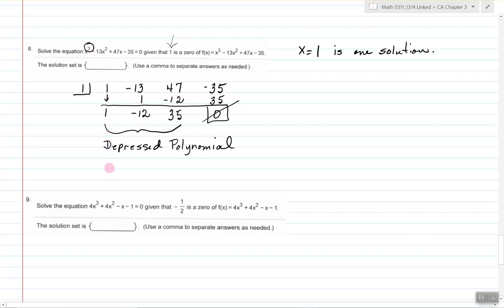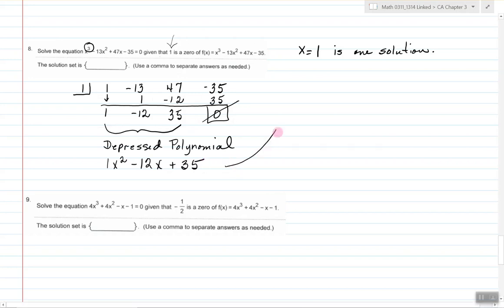This will represent 1x squared minus 12x plus the constant 35. So when you started with x to the third and you found a 0, a factor, the numbers here represent the coefficients of the depressed polynomial, which is the other factor.